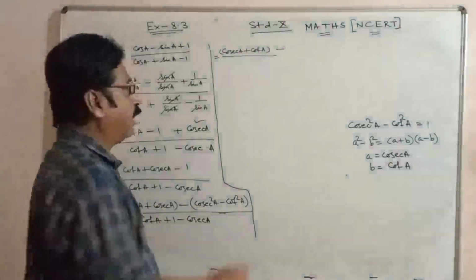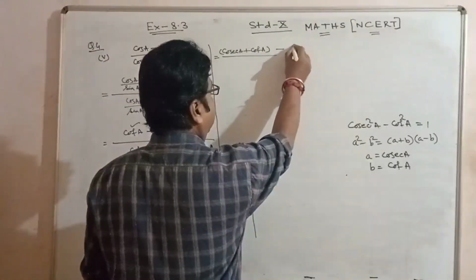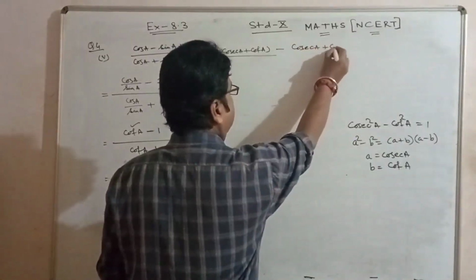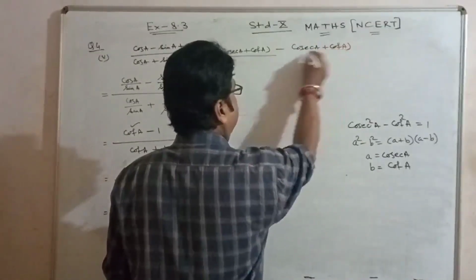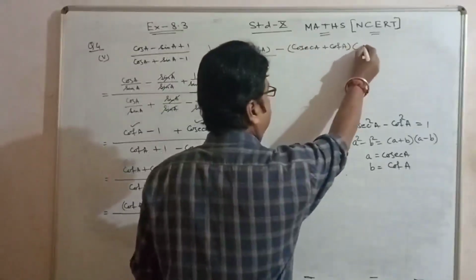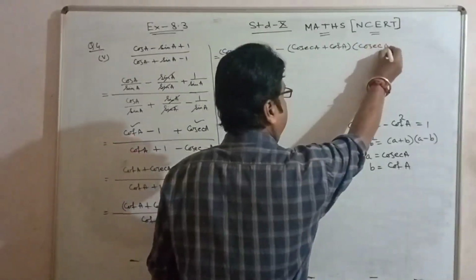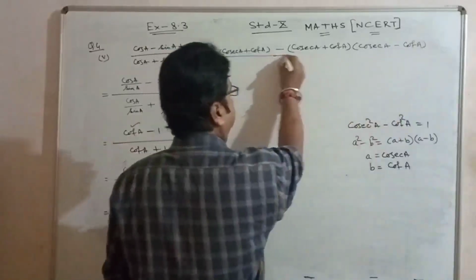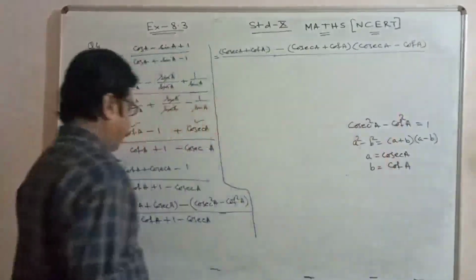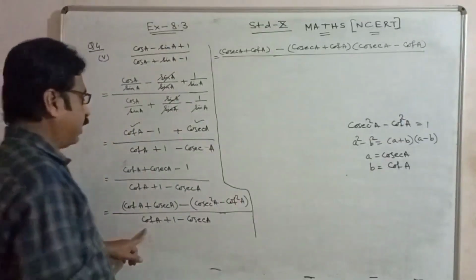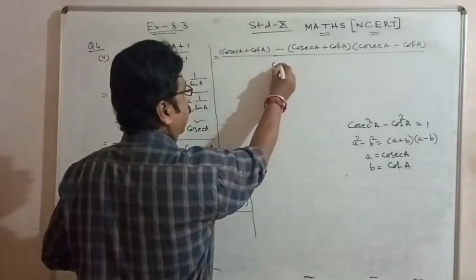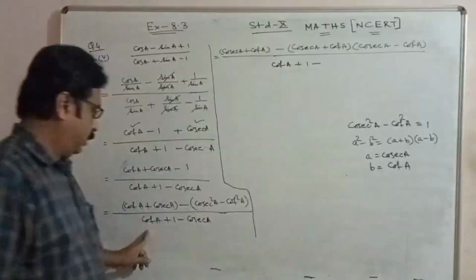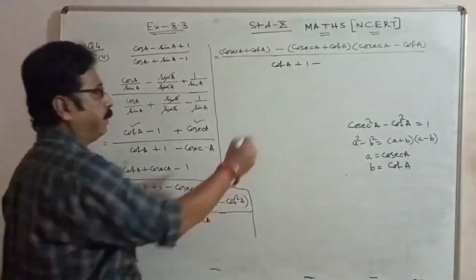A square minus B square is A plus B into A minus B, so the numerator is cosec A plus cot A into cosec A minus cot A. Denominator is cot A plus 1 minus cosec A.